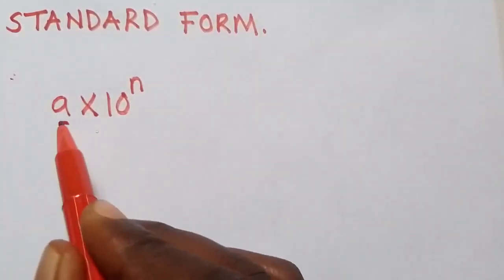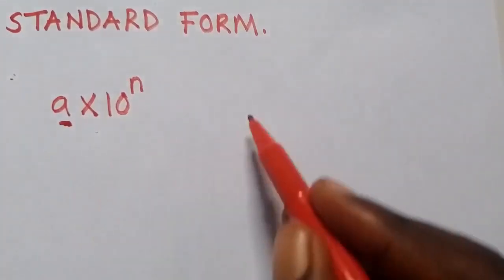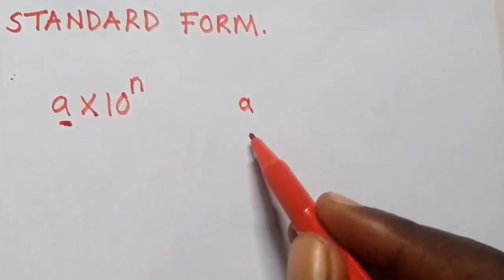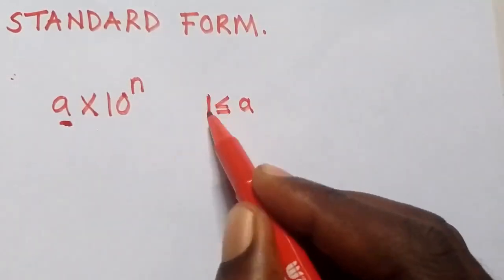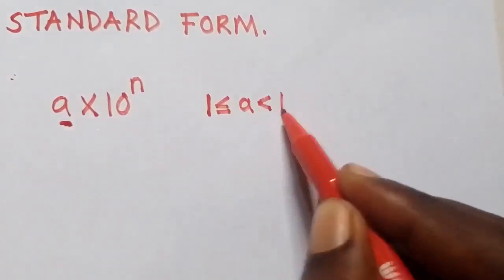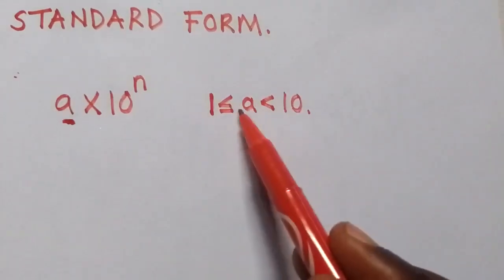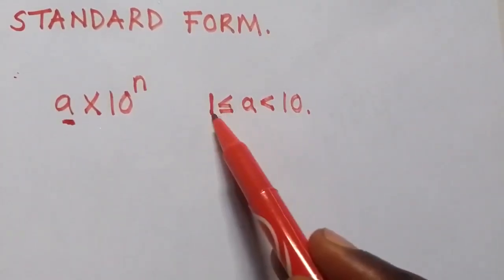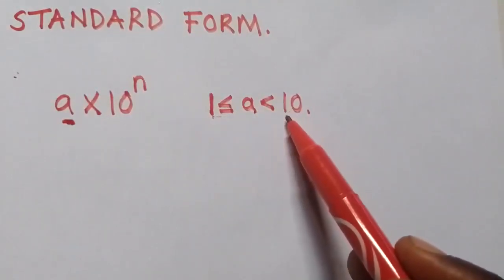You need to make sure that a is between this range: a should be equal to or greater than 1, but it should be less than 10. This means that a is greater than or equal to 1, but a is less than 10.